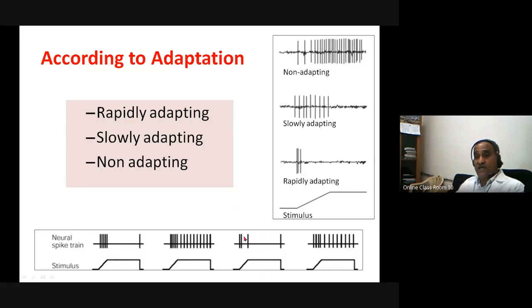You have again the same: this is rapidly adapting, slowly adapting. You just see that it is almost not adapted. And there is another receptor here, also rapidly adapting, much more rapid than this. And this is slowly adapting. These are the types of receptors: slowly adapting, rapidly adapting, and non-adapting receptors.